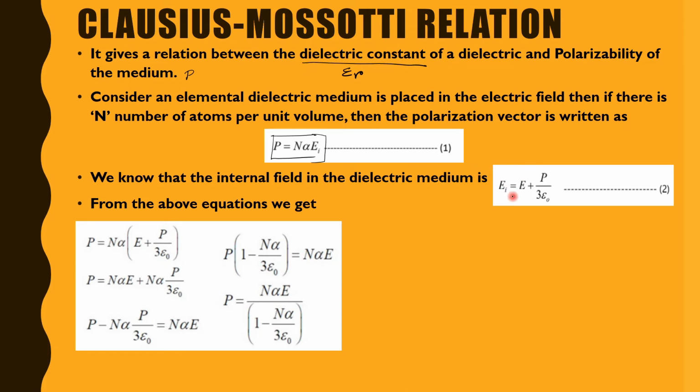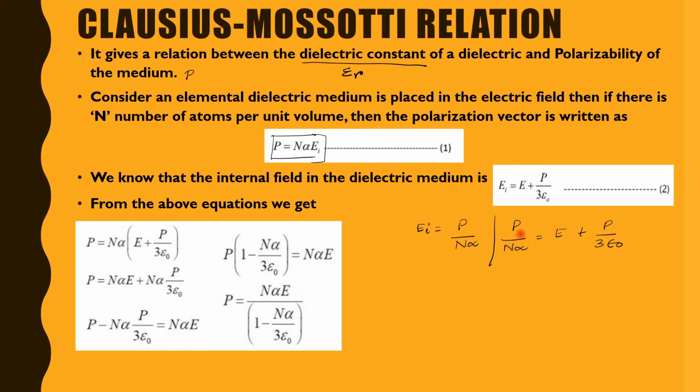Now we will place the value of Ei here. So Ei is equal to P by n alpha. If I place it in here, it becomes P by n alpha equal to E plus P by 3 epsilon naught, right?